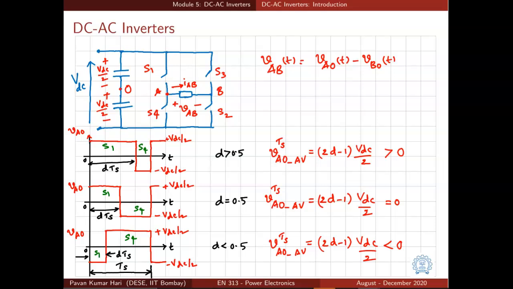When the switch S1 is turned on for a longer duration than S4 within the same Ts, VAO average over Ts is positive. The first waveform has a positive average value. And when S1 is turned on for a shorter duration, or S4 is turned on for a longer time, the voltage VAO will have a negative average value, as shown in the third waveform.